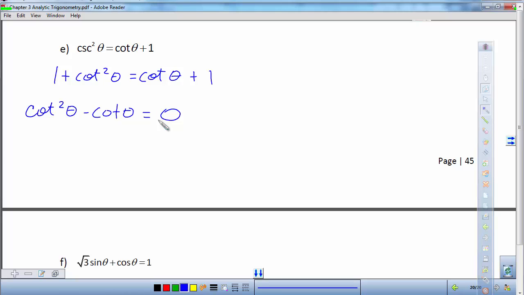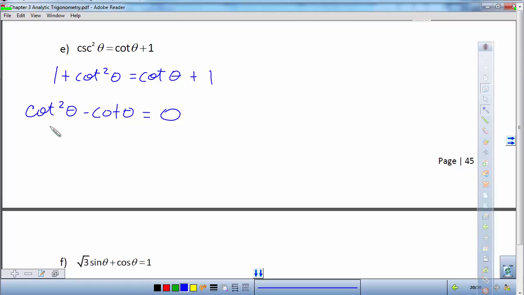Now what can I do? What can we do to solve this? Once we set an equation equal to 0, usually our next step is to factor. Well, beyond linear equations, when we're looking at second degree equations, we want to factor. So how could I factor here?